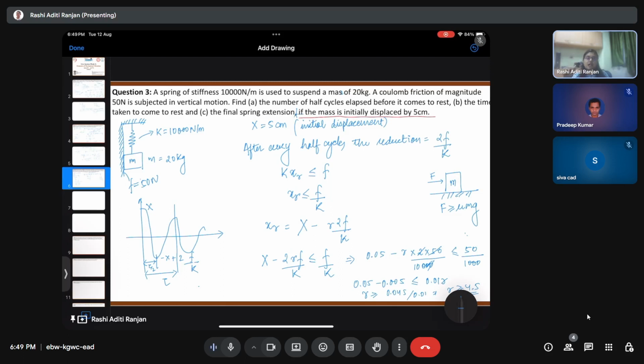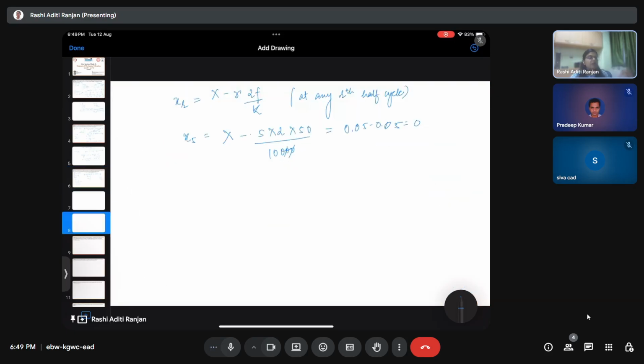So if the question is asking that we have to find the final spring extension, though my system has come to zero value with respect to the Coulomb damping, but still it is going to show some displacement. Why? Because we have a mass and we have a spring which is in the gravity, right? So there is some deflection of the mass which is because of balancing its weight.